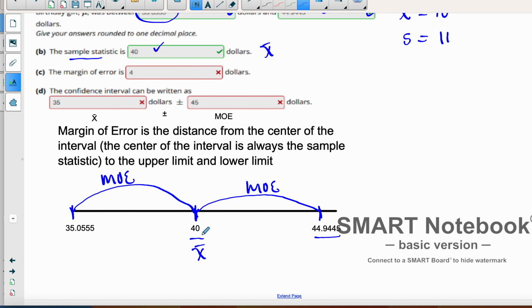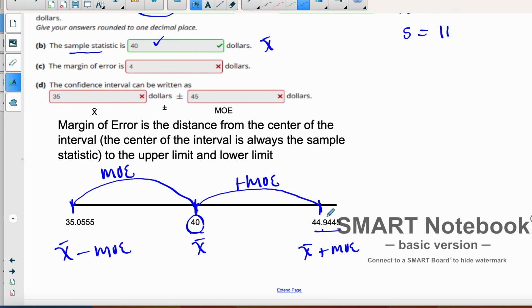And literally, if I take my x bar plus my margin of error, I'm going to get this number, x bar plus margin of error. That's what the upper limit is. And the lower limit is just x bar minus the margin of error.